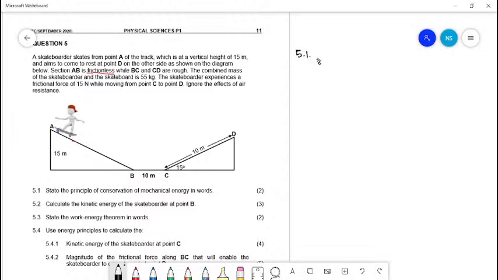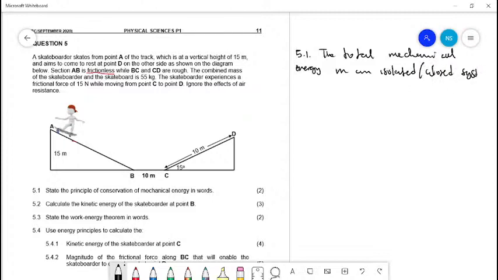So this is simple: the total mechanical energy in an isolated or closed system is conserved, or remains the same, right? So that's the definition that's going to give you 2 marks.